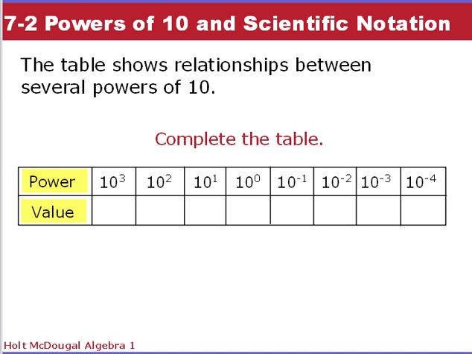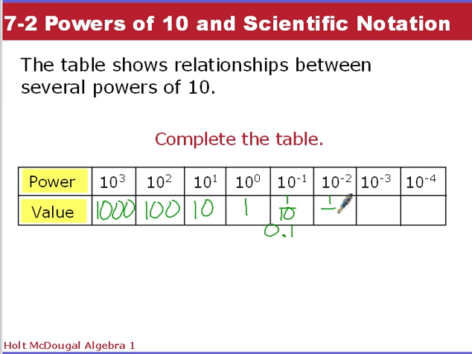So let's look at, and these are just powers of 10, complete the table. 10 cubed is going to be 10 times 10 times 10, or 1,000. 10 squared is 100. 10 to the first is just 10. 10 to the 0, remember, a 0 exponent gives 1. 10 to the negative 1 is going to be smaller, or if we're doing decimals, 0.1.